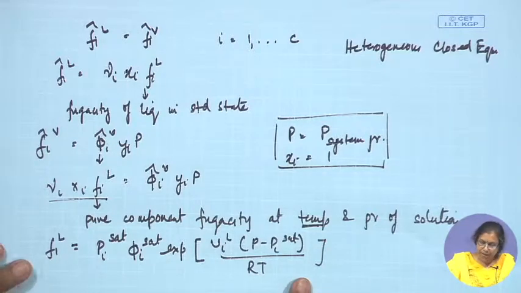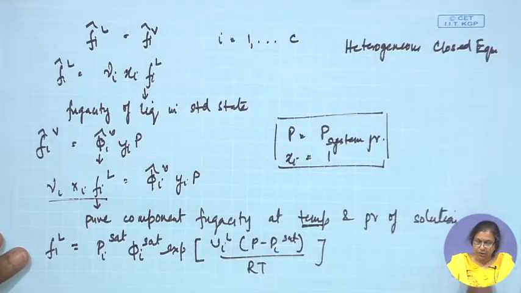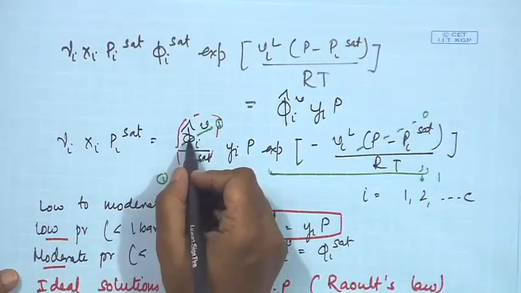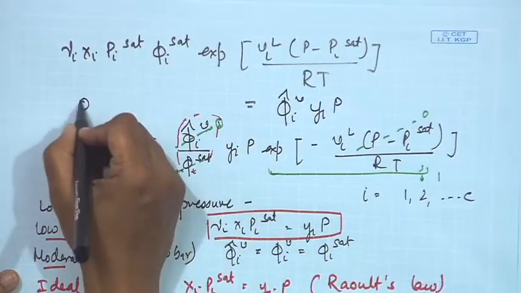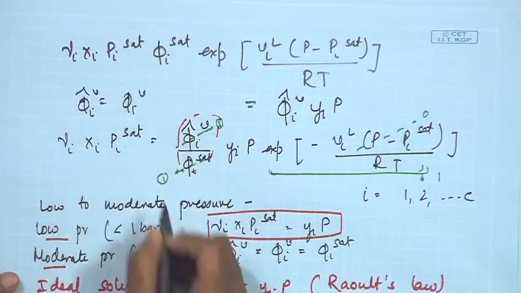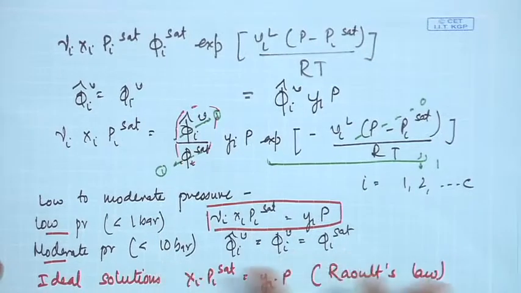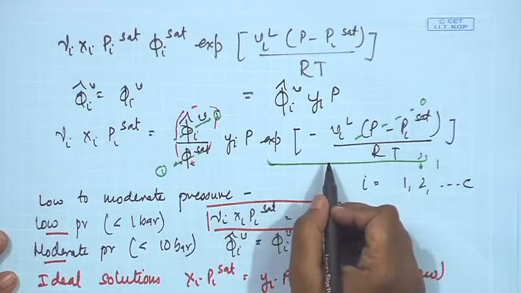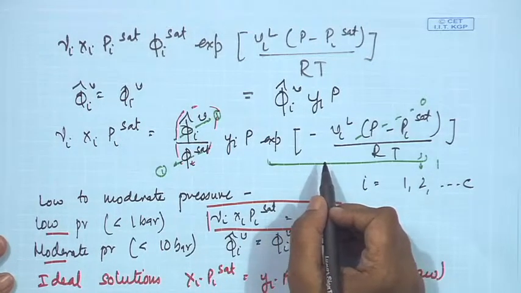So, actually for that case, what happens? For that particular situation, we find that phi I v becomes equal to the pure component phi I, right. And usually we find that the liquid phase behaves ideally.